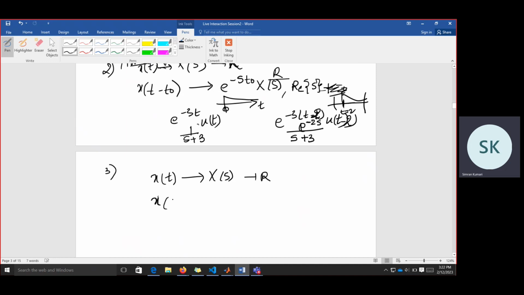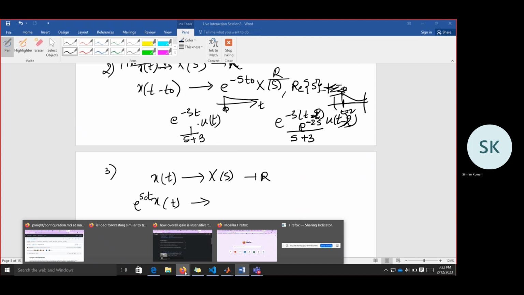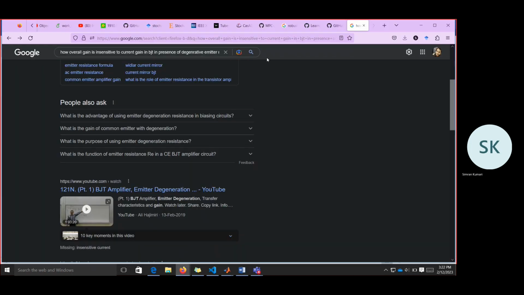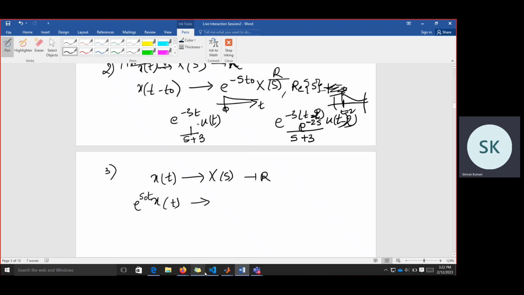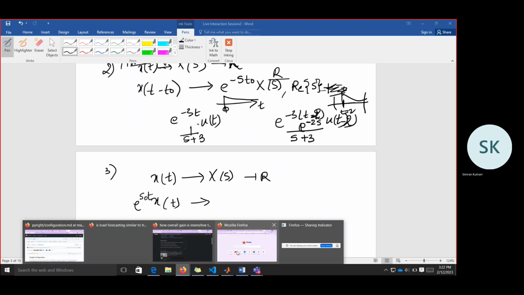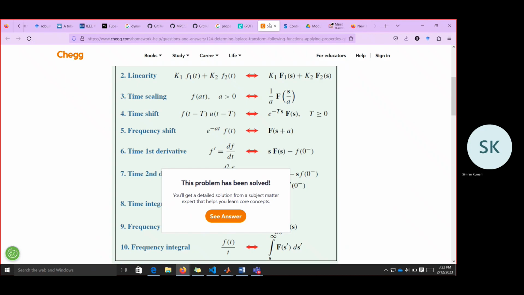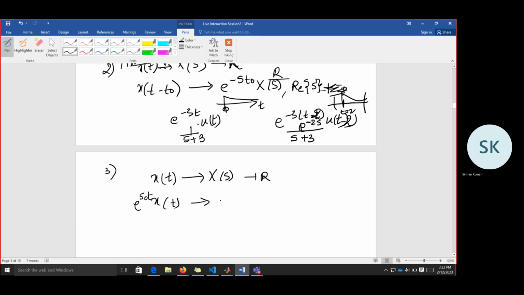And if it is multiplied by e to the power s naught t, suppose, frequency multiplication basically, then the ROC will be shifted by the real part of s naught.